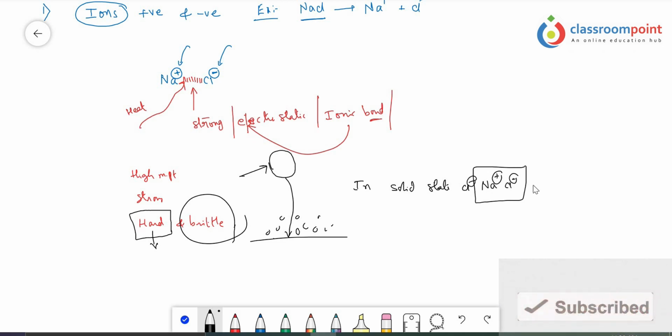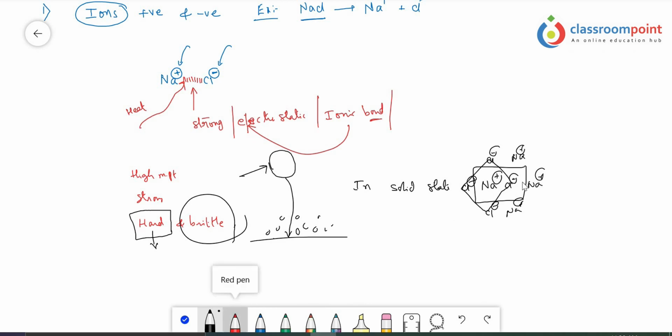Here again a Cl- ion will be there, here again a Na+ ion, and so on. If you take a particular Na+ ion, it is surrounded by Cl- ions. Similarly, if you take a Cl- ion, it is surrounded by Na+ ions. So no ion is free to move around. They are fixed to their positions.